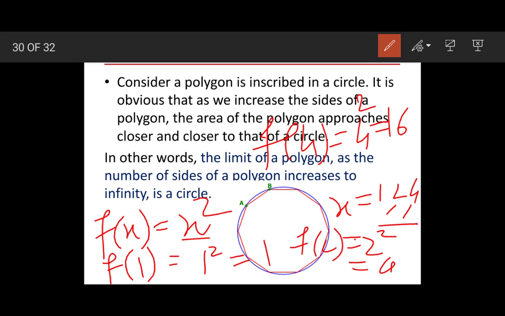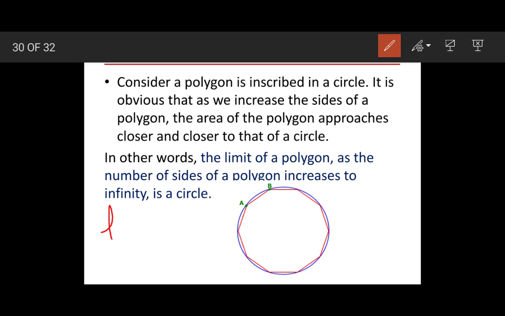So in function, the value of x is discrete, fixed, very clear. The values are 1, then 2, then 4. But in limit, we can write this as limit x tends to 2 of x square.